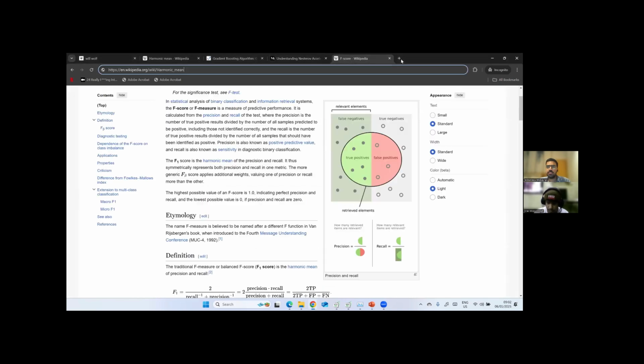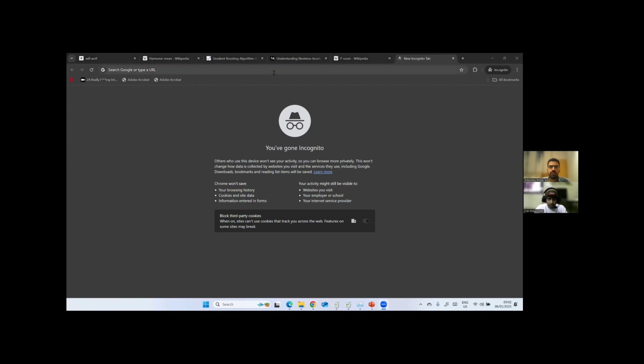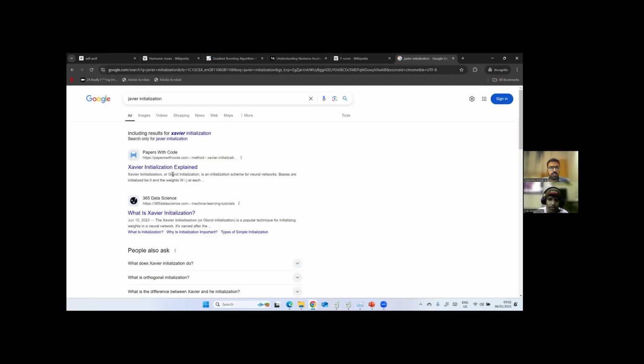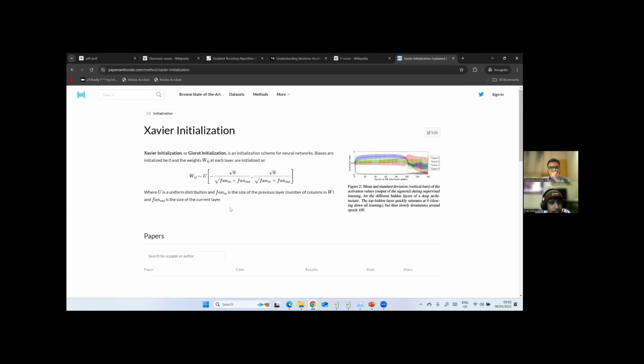Okay. Let's look up Xavier initialization. Basically, are you familiar with how a neural network works?